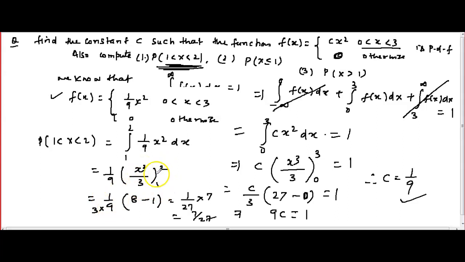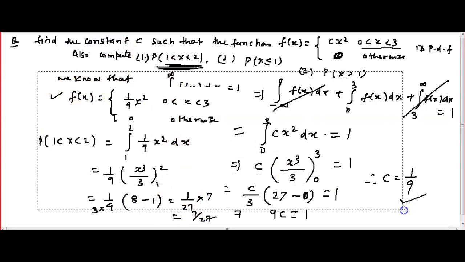So 3 is outside, 2 to the power 3 is 8, and 1 cubed is 1. So 8 minus 1 is 7. Similarly, we can find the other parts also. Okay.